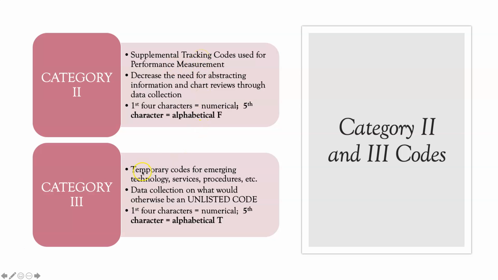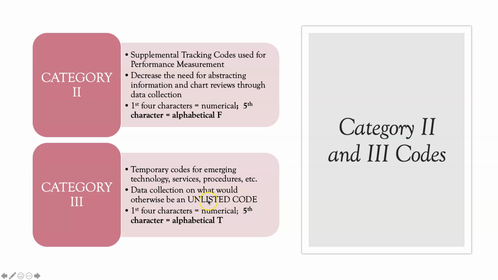Okay? Category 3 codes are temporary codes for emerging technology, services, procedures. The data collection on what would otherwise be an unlisted code. Remember in the previous slide and in the previous video, we talked about unlisted codes, that sometimes you have new technology or new services, new procedures that are coming up and they don't fall under anything, so you have to put them in an unlisted code.